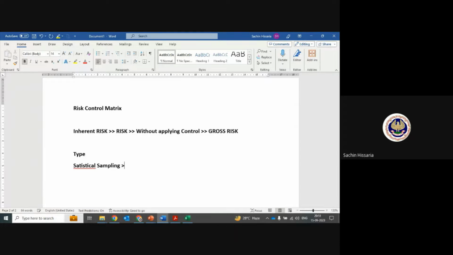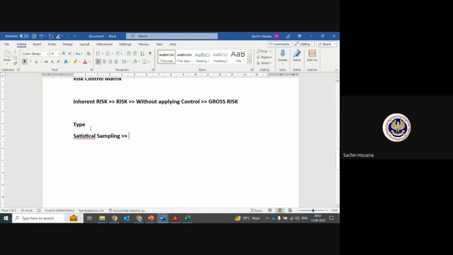As an auditor, you will use statistical sampling. What is statistical sampling? Statistical sampling is a sampling methodology where the probability of error can be objectively quantified. So this is called statistical sampling.